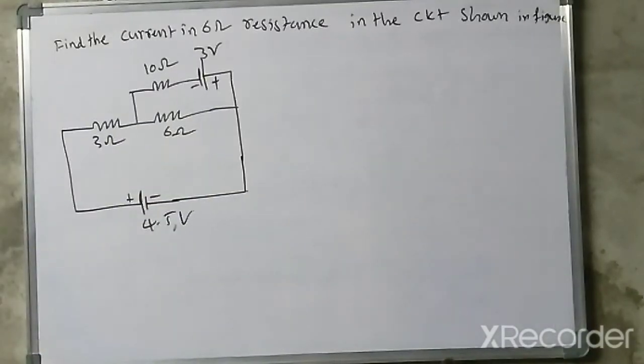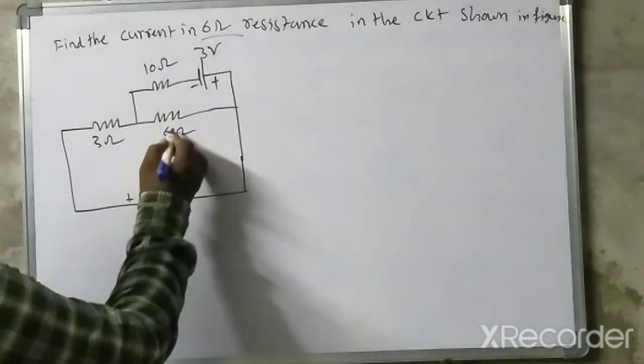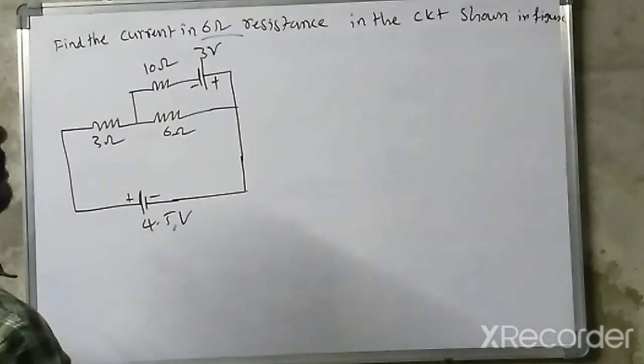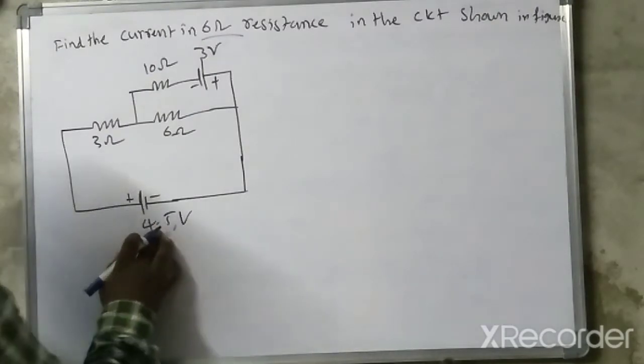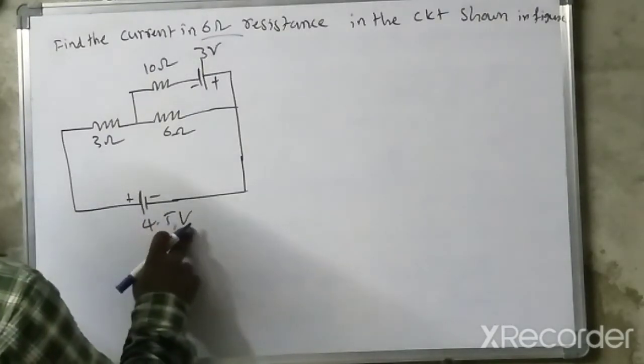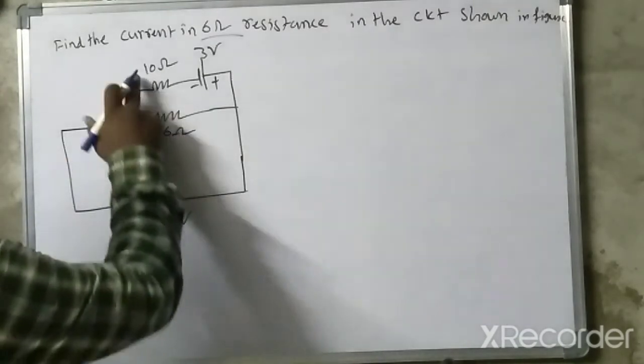Here another important model. Find the current in the 6 ohm resistor in the circuit shown in the figure. So this is the 4.5 volt battery, this 3 ohm, 6 ohm, 10 ohm.